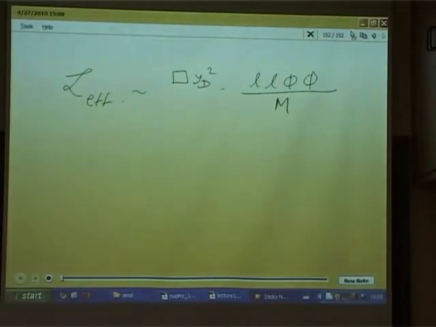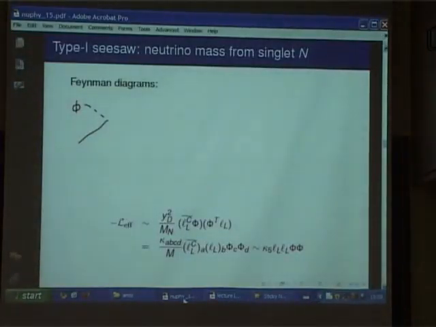So the Lagrangian has dimension equal to 4. So that is fine. So this is what I have written. The effective Lagrangian looks like Y_D squared by Mn times such a combination.